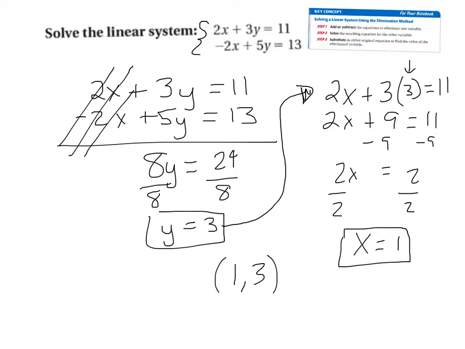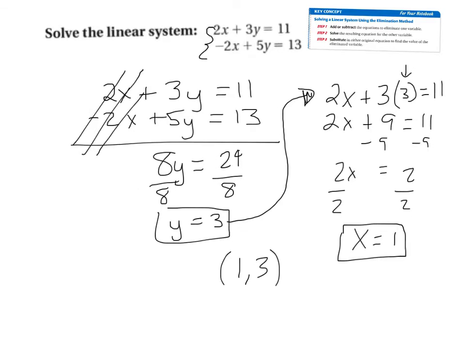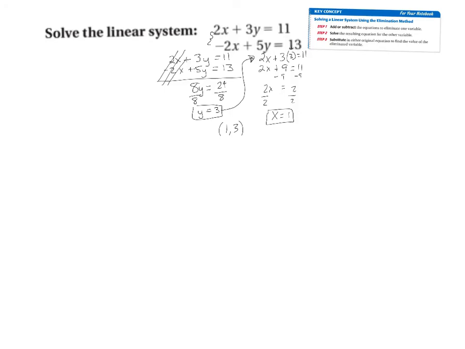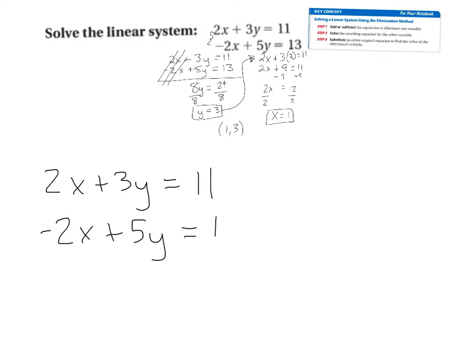Now, why does this work? You can actually turn this into a substitution problem. Watch. The first equation is 2x plus 3y equals 11. The second equation, negative 2x plus 5y equals 13.